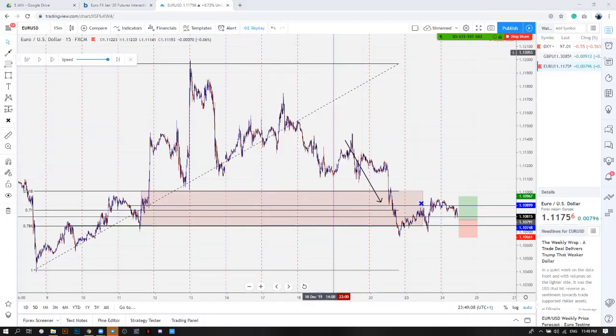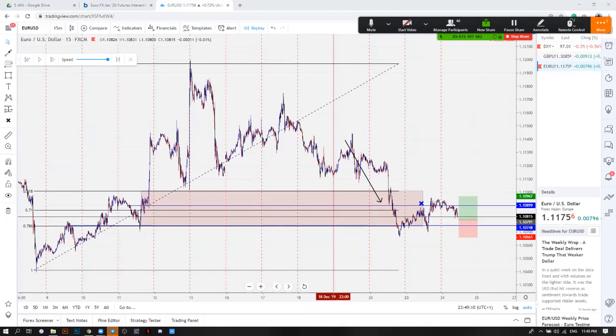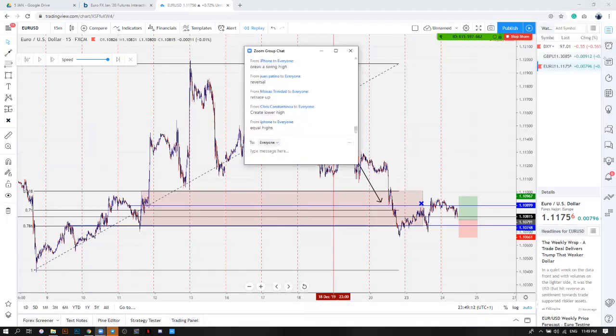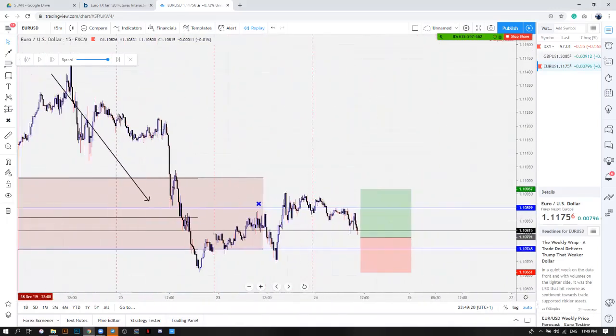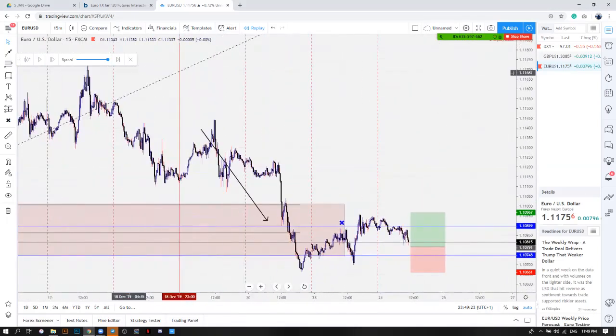No replies. Equal highs. Okay. The first one I have is that, but the market broke that swing structure already. So the first TP is going to be Monday's high. Okay, this high first, then Monday's high.